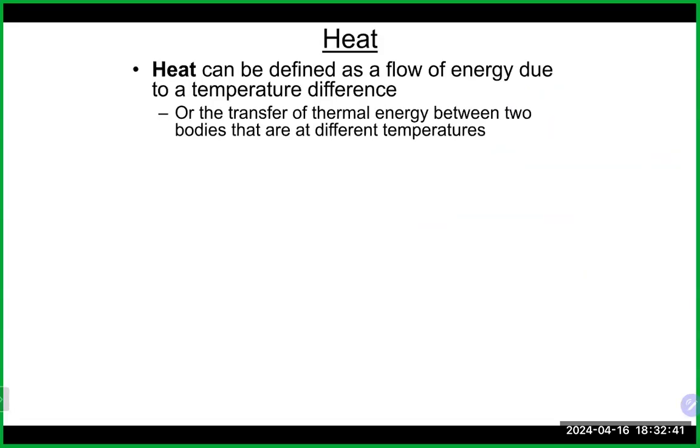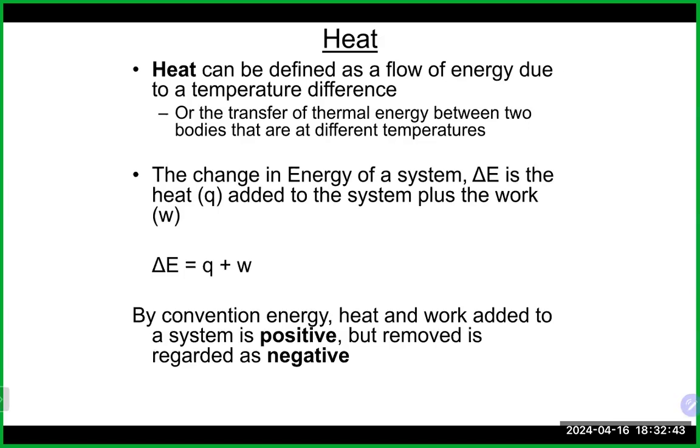Okay. So heat, as we talked about, can be defined as we've been doing, the flow of energy due to a temperature difference. And again, it always sort of transfers from hot to cold. We could also calculate the change in internal energy, which is what delta E is. Q is our heat and W is our work.